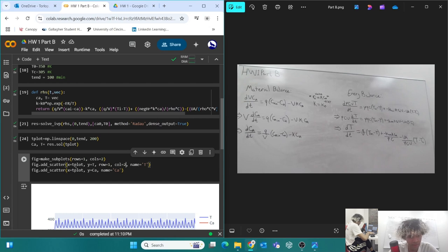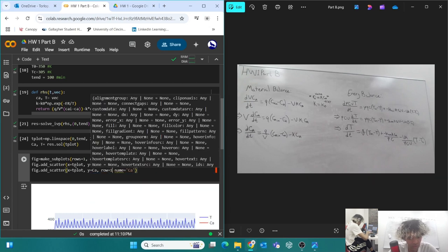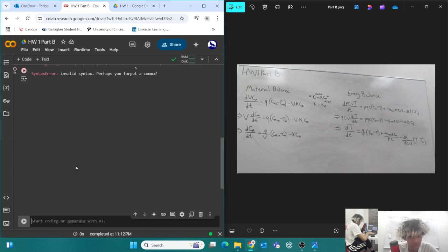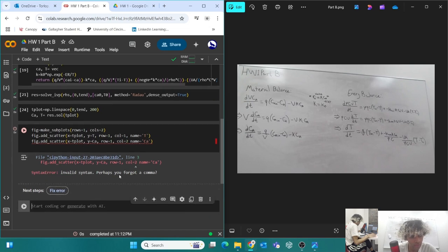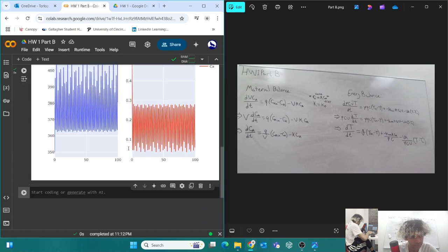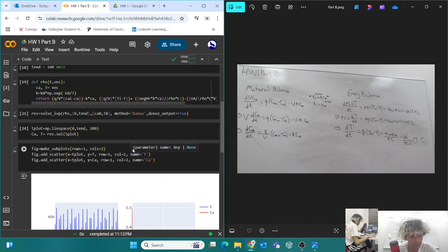Oh, no, I meant this is V1. And then do row equal 1, and then column equal 2. Oh, what's going on? Oh, yes, okay. There we go.